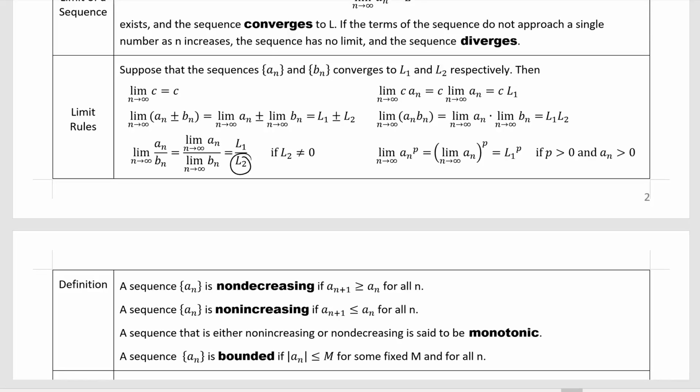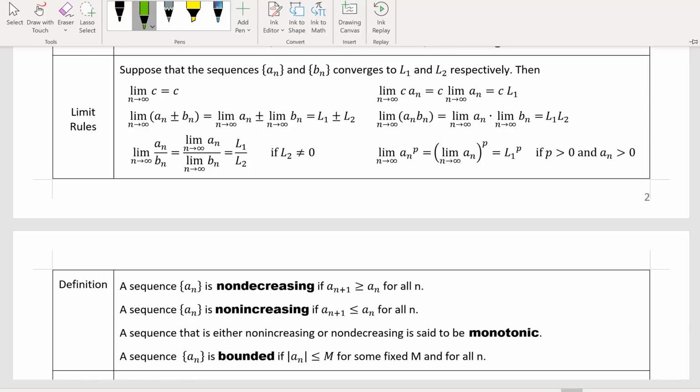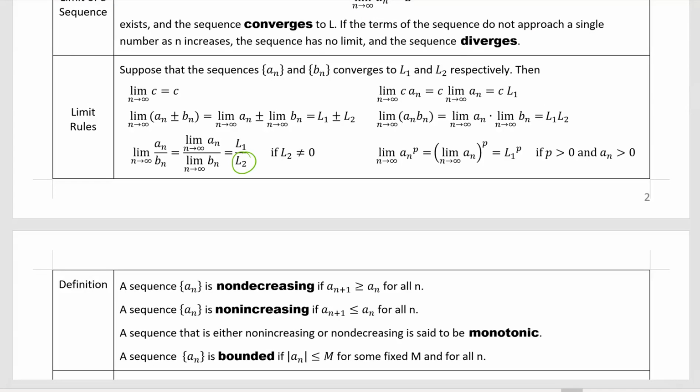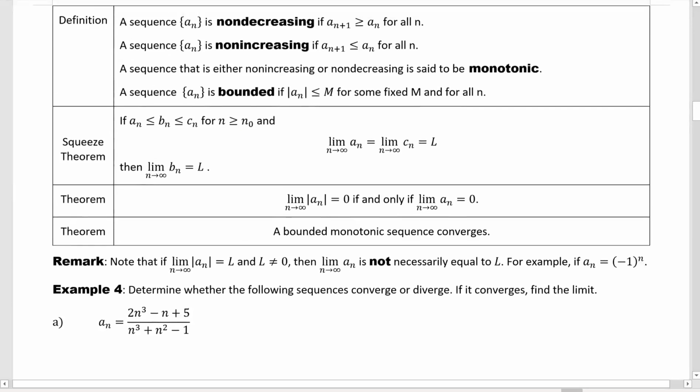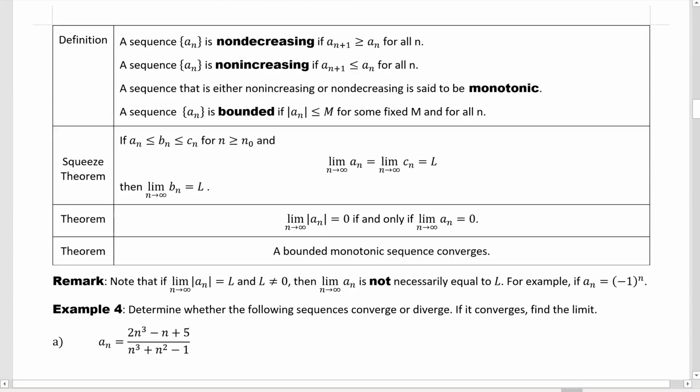You gotta make sure the denominator is not 0. Oh, let me use a different color to emphasize that. Okay, and constant multiple, you can pull out the constant multiple C. And for products, limit of a product is the product of limits. And for the power, you can move the limit inside the power as well. So all the limit laws that hold for Calculus 1 also hold for sequences.